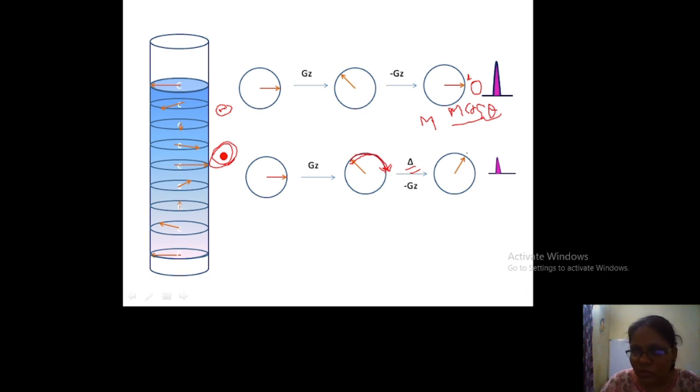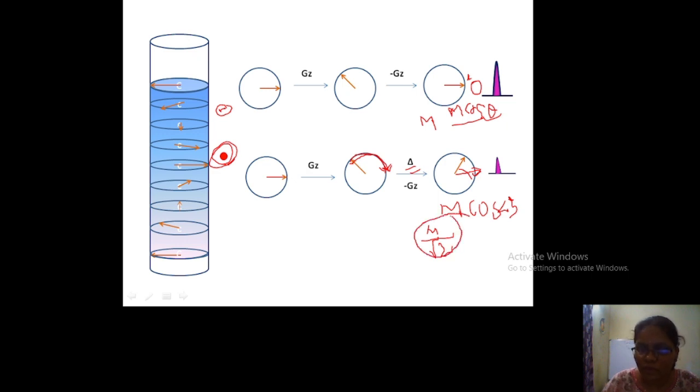Okay. So now, if you look at the component of the magnetization vector in this direction, the component is M cos theta. Say this theta is 45 degrees. So the component along the x direction is M cos 45. We know that cos 45 is 1 by root 2. So the magnitude of the magnetization vector along this x-axis will be M over root 2.